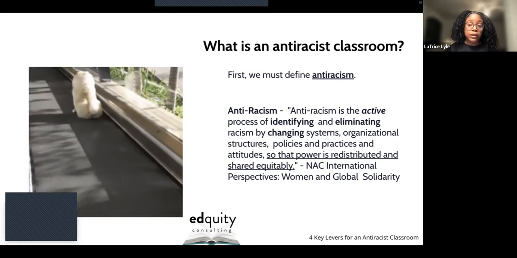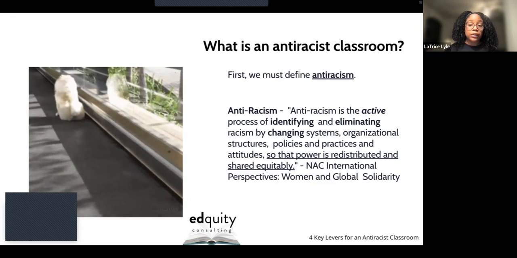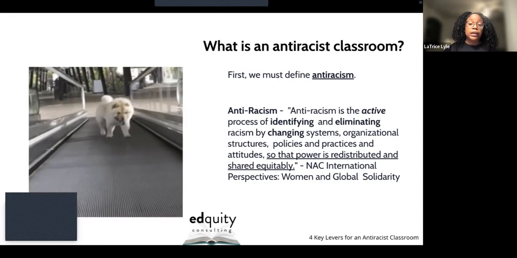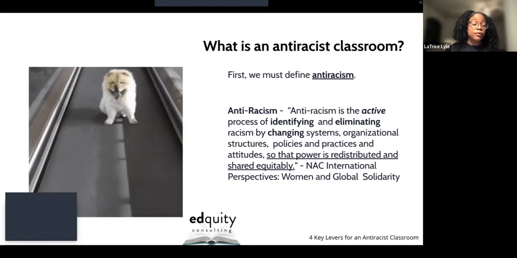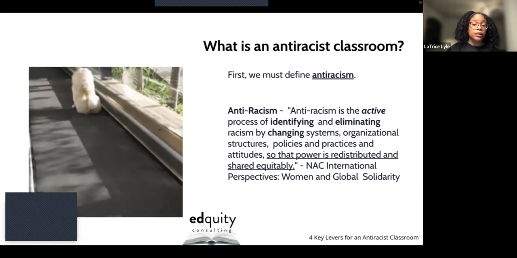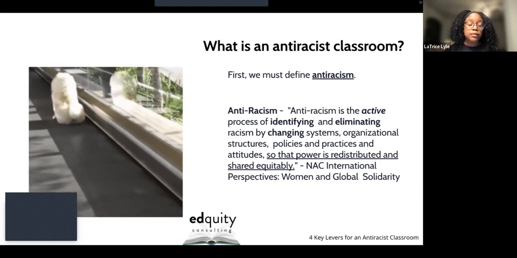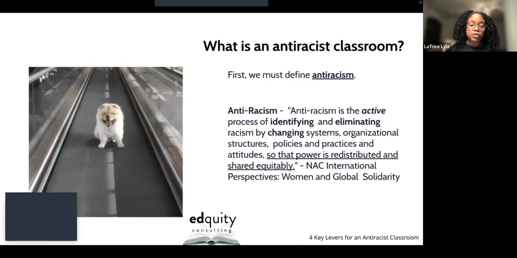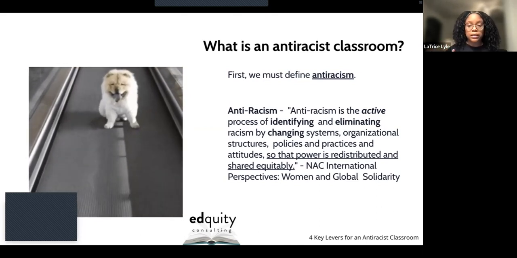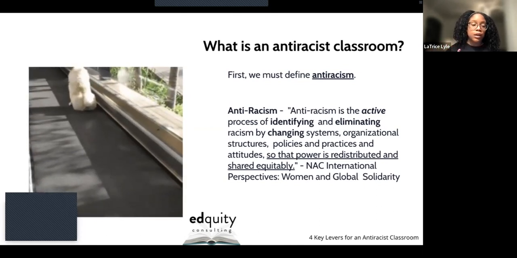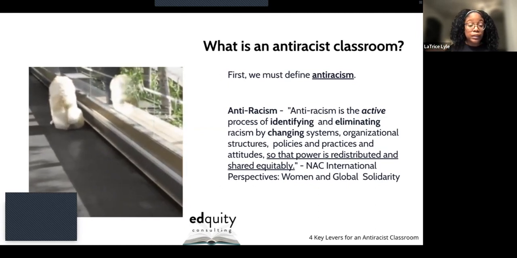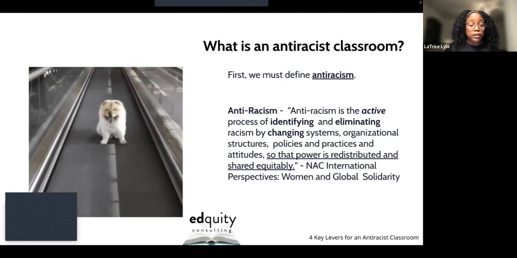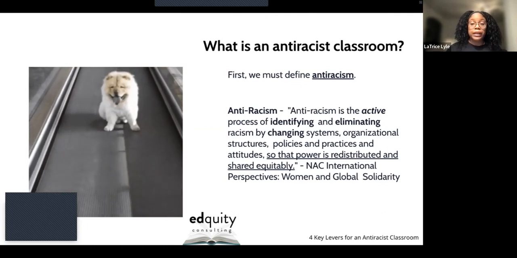So we know what they do and we know how they do it. They engage in the active process of identifying and eliminating racism by changing the systems, structures, organizations, policies, and attitudes of the people in their ecosystem. And in our ecosystem, that would be schools and classrooms.